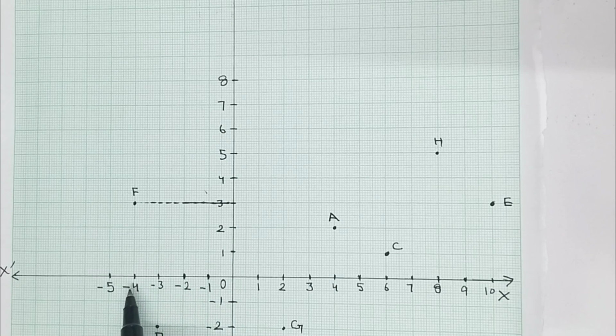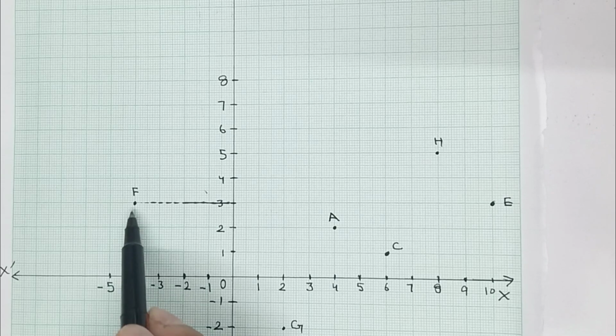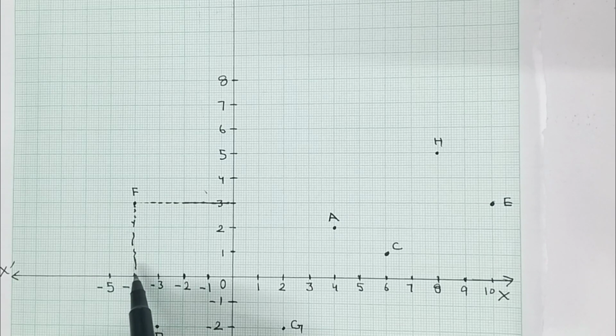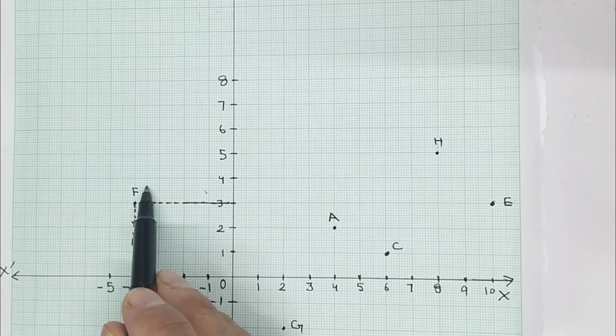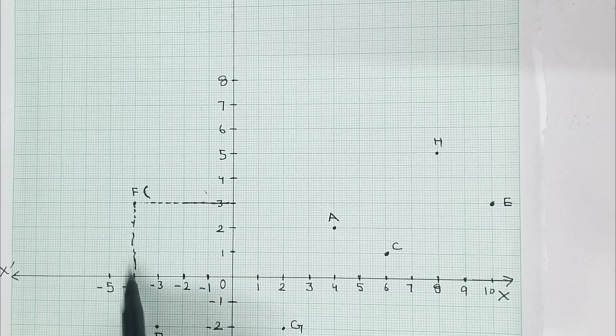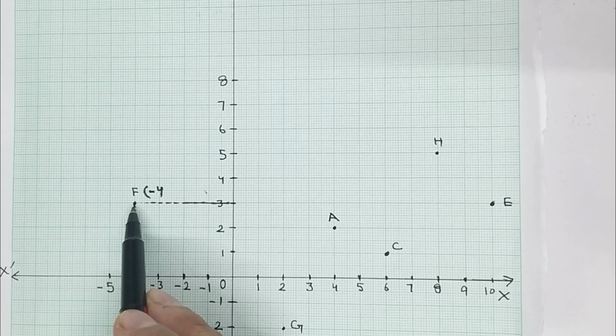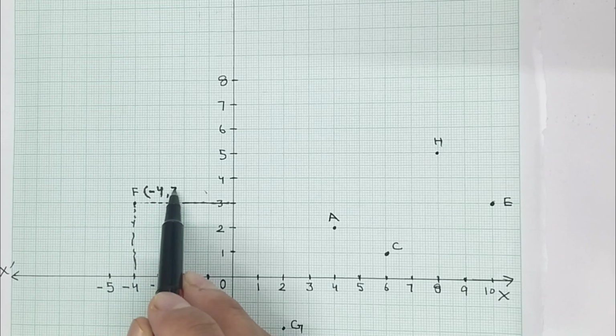Otherwise it is -4, but when you are talking about distance, it is 4 units. Now what is asked in the question? It is asked what are the coordinates of point F. So the coordinates of point F are -4, and the distance of this point from x-axis is 3 units.